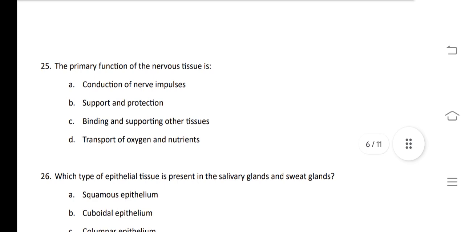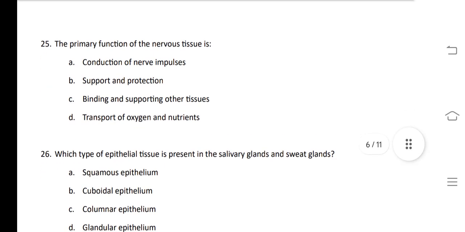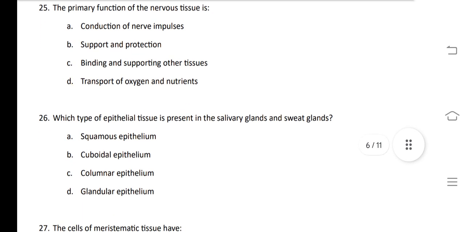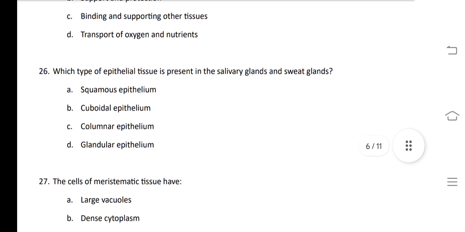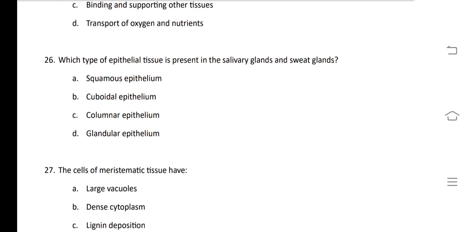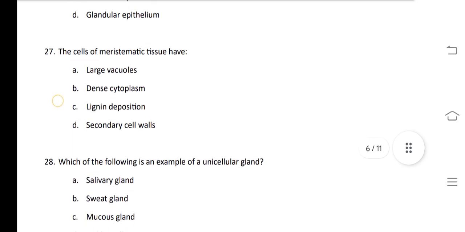Our next question is, the primary function of nervous tissue is to conduct the nerve impulse. Answer of 25th question is option A. And our next question is, which type of epithelium tissue is present in the salivary gland and sweat gland? That is glandular epithelium.